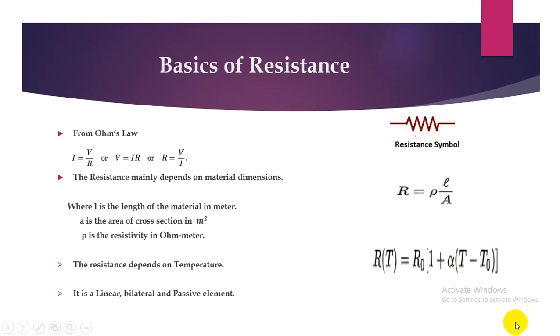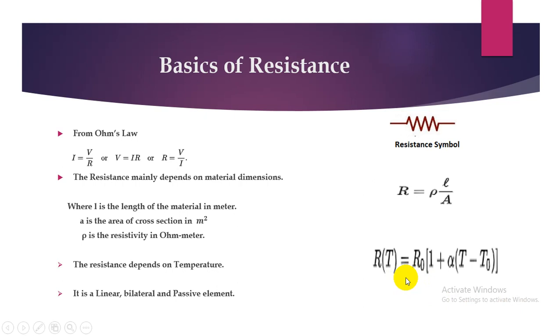This alpha value is negative for semiconducting materials, and it is 0 for insulating materials. It means that if the temperature across the material increases, that increases the resistance of the material.